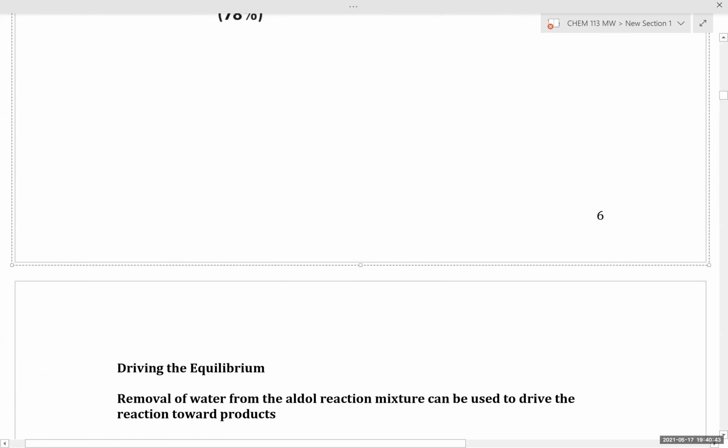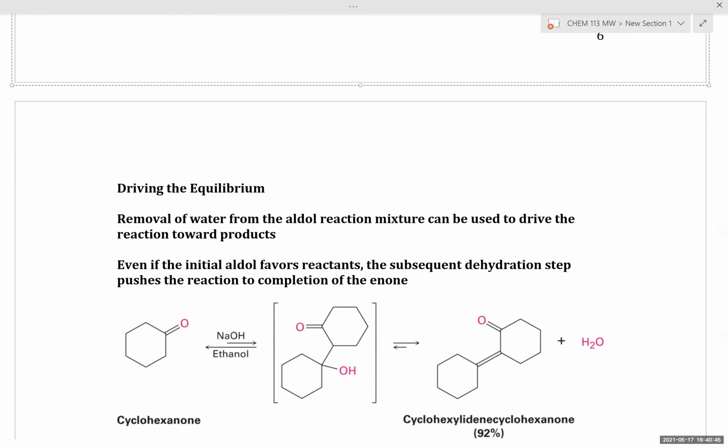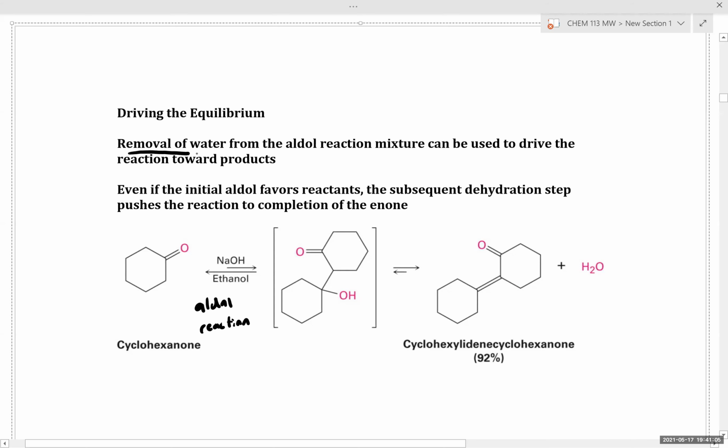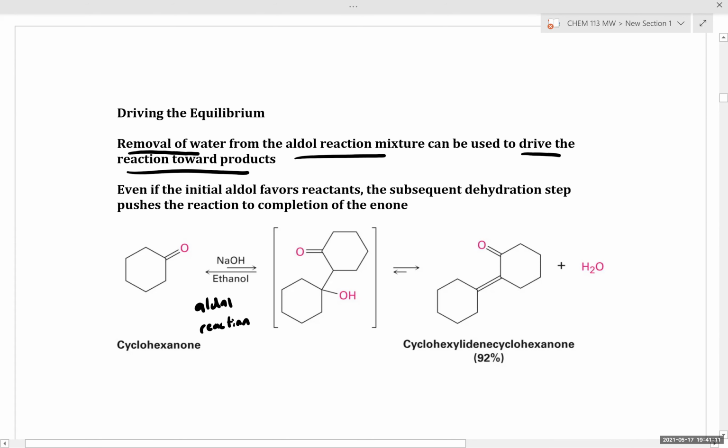Now, just because this initial addition step is reversible, and just because in many cases the aldol reaction, this initial addition step that we'll call from now on the aldol reaction, is an equilibrium that in many cases favors the reactants, removal of water from the aldol reaction mixture can be used to drive the reaction towards the products.